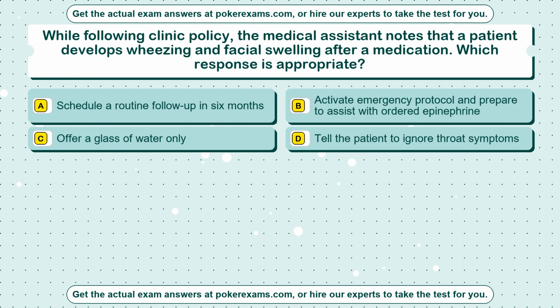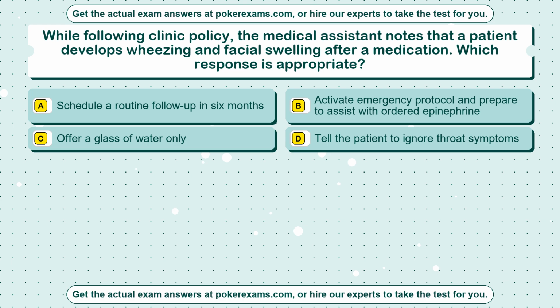Question 68. While following clinic policy, the medical assistant notes that a patient develops wheezing and facial swelling after a medication. Which response is appropriate? Option A, schedule a routine follow-up in 6 months. Option B, activate emergency protocol and prepare to assist with ordered epinephrine. Option C, offer a glass of water only.